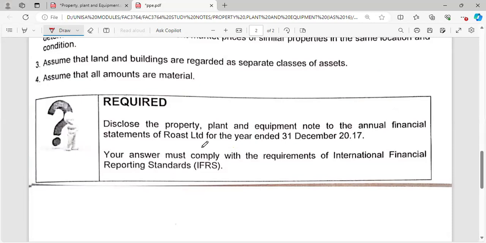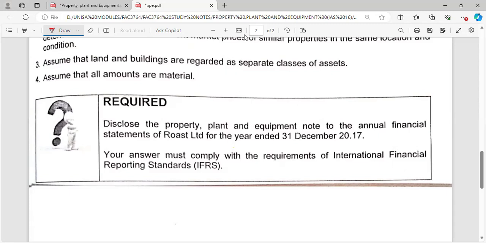We want to disclose the property, plant and equipment note to the annual financial statements. Anyone with an idea? I think we should start by laying out our format for PPE. Yes, that's exactly the first thing.